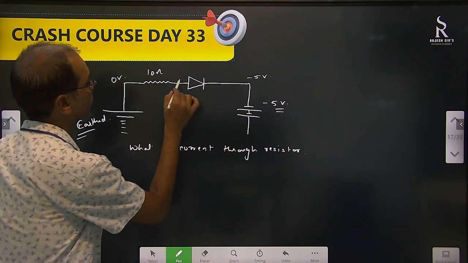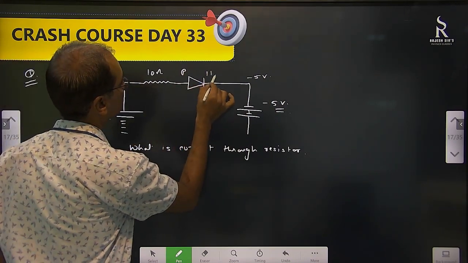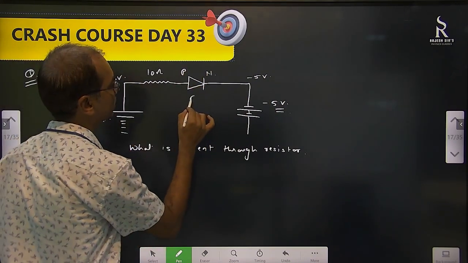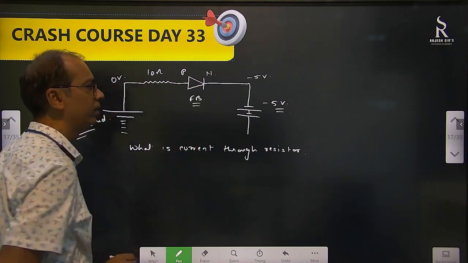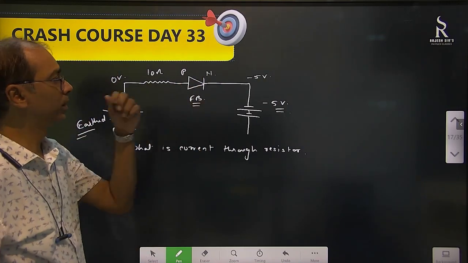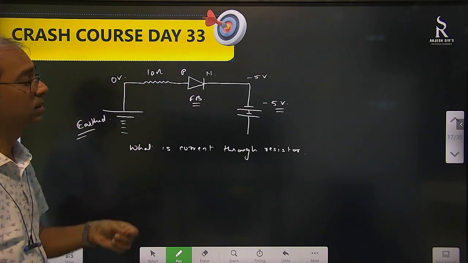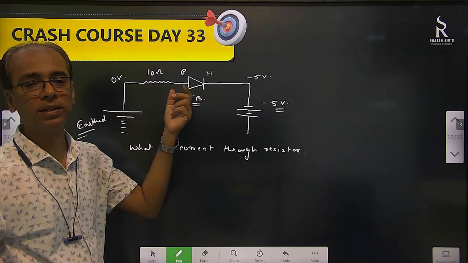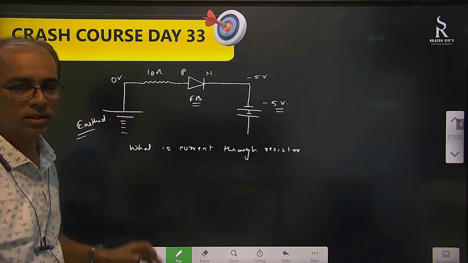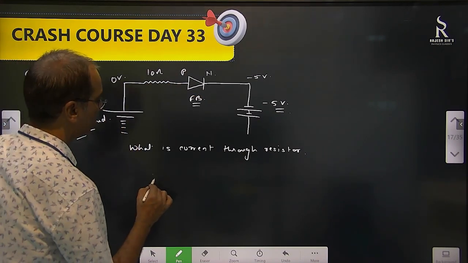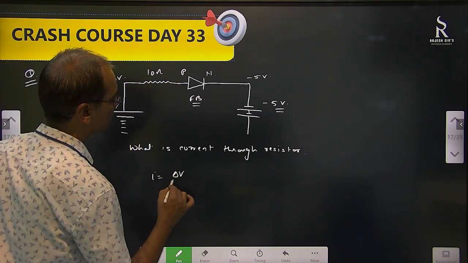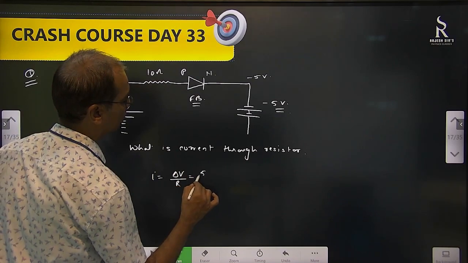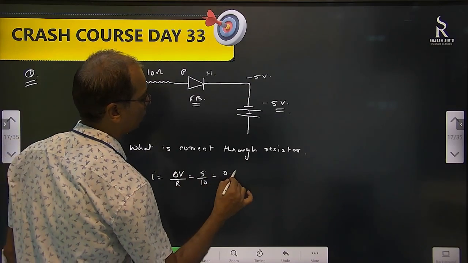If 0 is higher potential, then definitely this PN junction diode is forward bias. Definitely current is there. The potential difference between the 2 points is 5. Resistance is 10. Because if this is forward bias, it will act like a wire. So the current is potential difference by resistance, that is 5 by 10, 0.5 ampere.